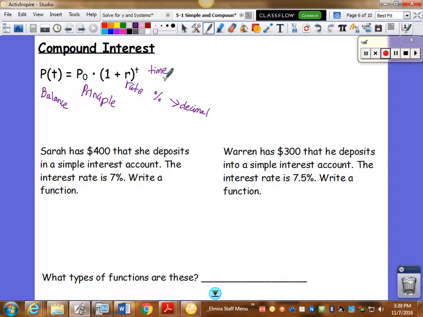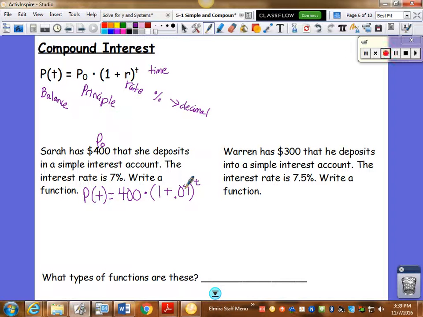Okay. So Sarah has the same $400. In fact, we're going to do all the same problems again, except we're going to use the compound interest formula instead of the simple interest formula. So P of T equals our initial investment, $400 principal, times 1 plus 7%, 0.07, to the T power.